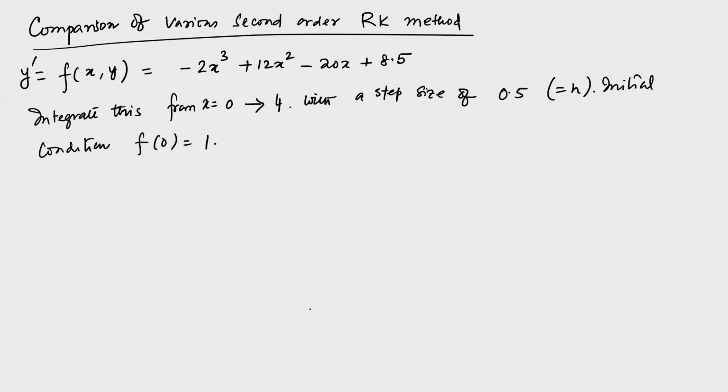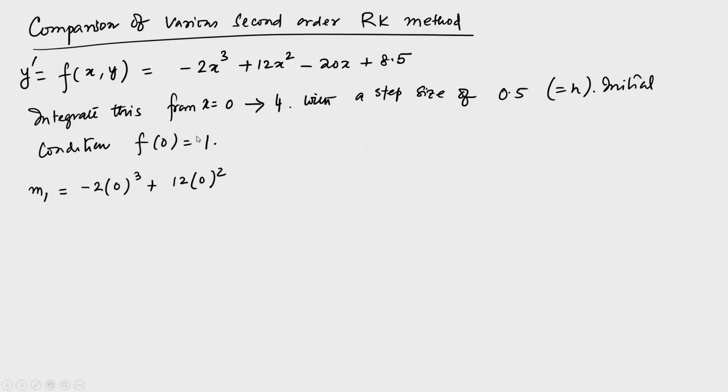Okay. So, let us do the midpoint method, or rather the Heun's method, say for example. m1 at the first point, which is at x equal to 0, is minus 2 into 0 cube plus 12 into 0 square minus 20 into 0 plus 8.5.